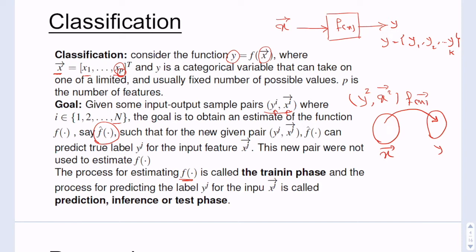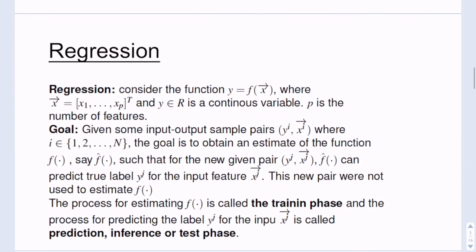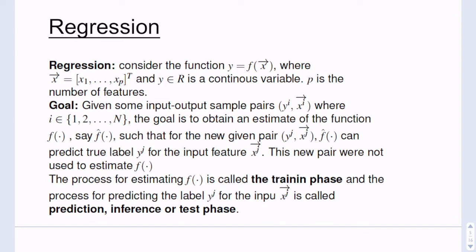So now, what is regression? The focus here is on linear regression, but I will give you a general formula. Regression is very similar to classification, but with one major difference. That difference is that the output of the function where we fit the input features is a continuous variable rather than a categorical variable.